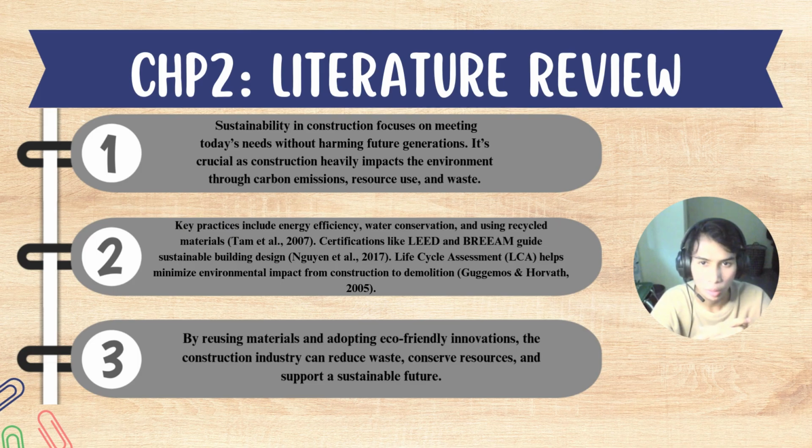Certifications like LEED and BREEAM guide sustainable building design. And last, life cycle assessment (LCA) helps minimize environmental impact from construction to demolition. Lastly, by reusing material and adopting eco-friendly innovations, the construction industry can reduce waste, conserve resources, and support a sustainable future.